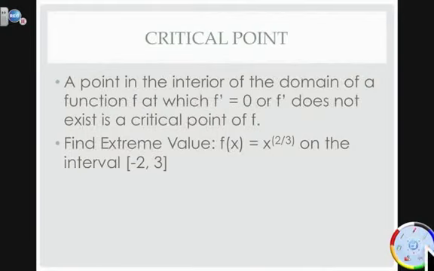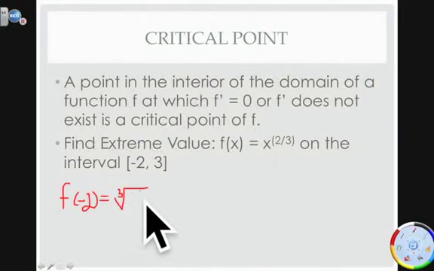We're going to look at f of -2, and we just want to see what the value is here, because we want to see if eventually this is going to be a local min or local max. And f of -2 is, oh, what is that? -2 to the second power is 4, so we have the cube root of 4.